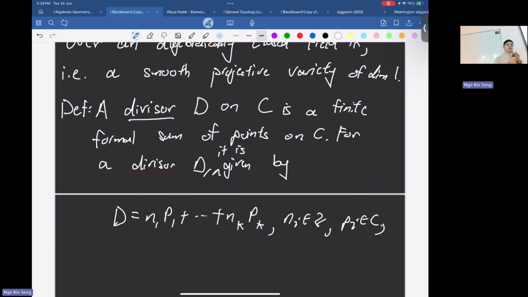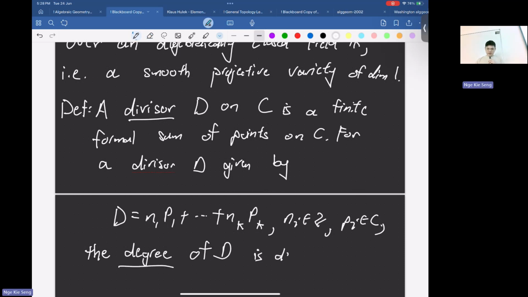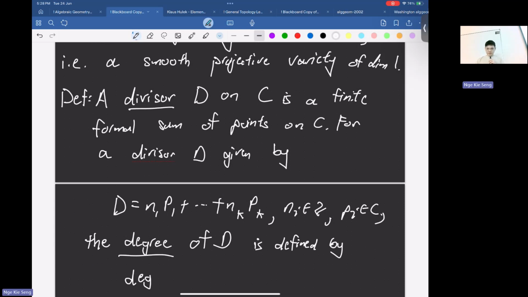You can pick any point you like from this curve C. And then we define the degree of D to be the sum of these multiplicities. The multiplicities take values in the integers, so you might imagine that the multiplicities can cancel out. This is a very general definition of divisor.